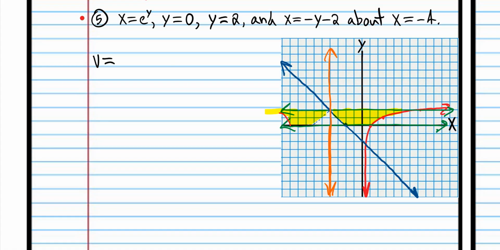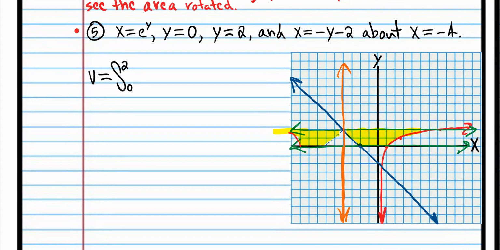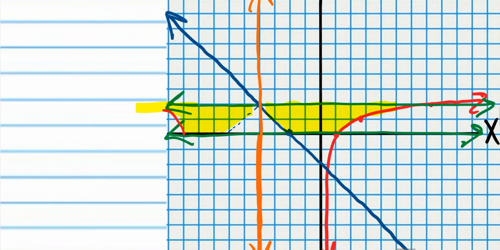So volume is going to be the integral from y equals 0 to y equals 2 of pi r squared, and we need to figure out r. So again, what is the distance from here to here? Well, that's going to be 1, 2, 3, 4 plus whatever this distance is.